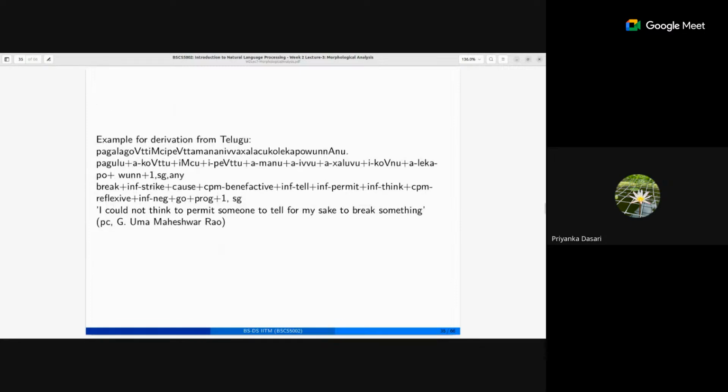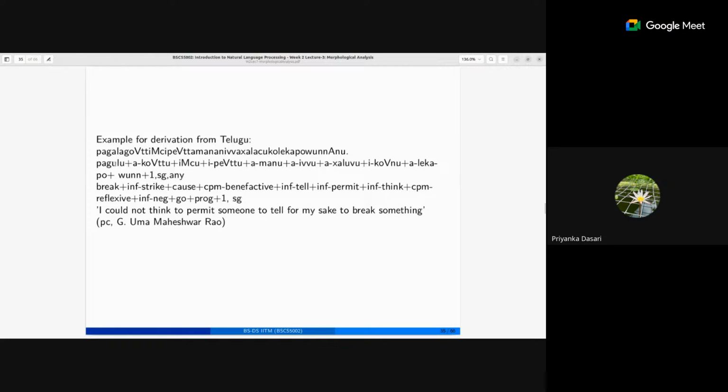This example you see here is entirely one sentence. This entire word has this meaning: I could not think to permit someone to tell for my sake to break something. Here, all these words have the inflections and derivation markers, plus also different verbs.